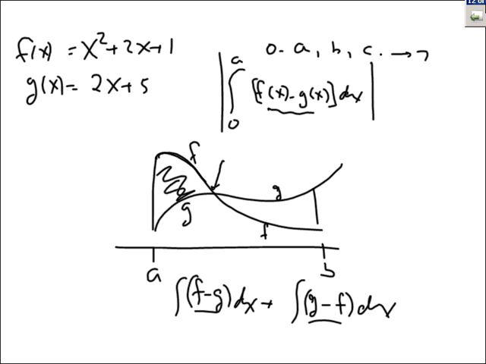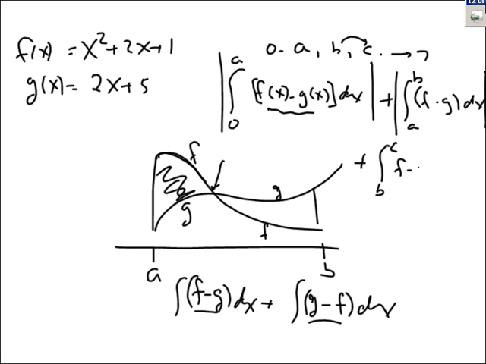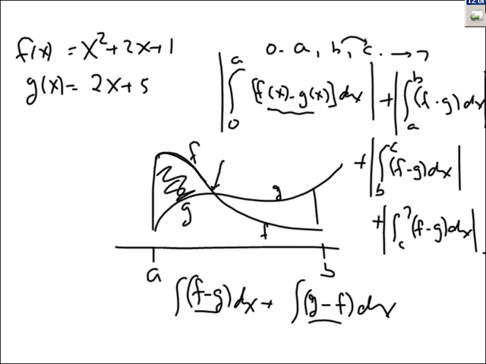So we covered from 0 to A, and then we go from A to B. Whether f minus g or g minus f, just make sure you take the absolute value. And then it intersects at C again, so we'll go from B to C, f minus g dx, with absolute value in case I have it backwards. And then I'll go from C to 7, f minus g, with absolute value.